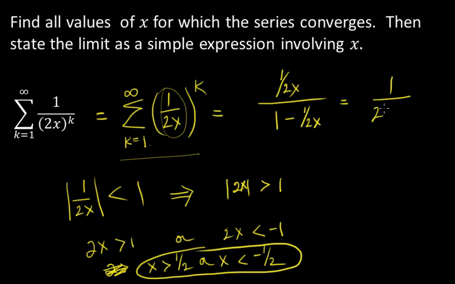Multiplying by 2x on the top and the bottom, I get 1 over 2x minus 1. So this function, f of x equals 1 over 2x minus 1, is just a little rational function. It looks like 1 over x, but it's slid a little bit to the right and has a vertical asymptote at x equals 1/2.